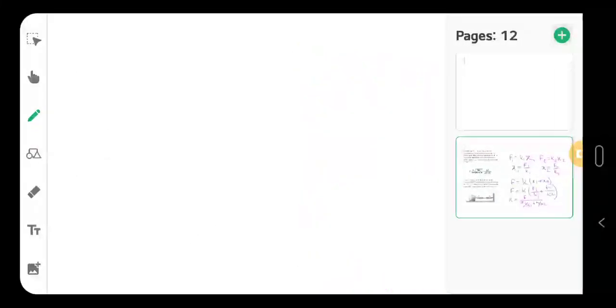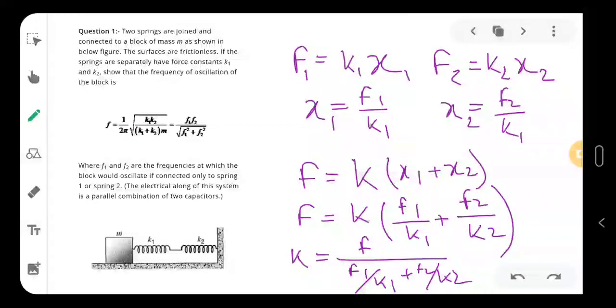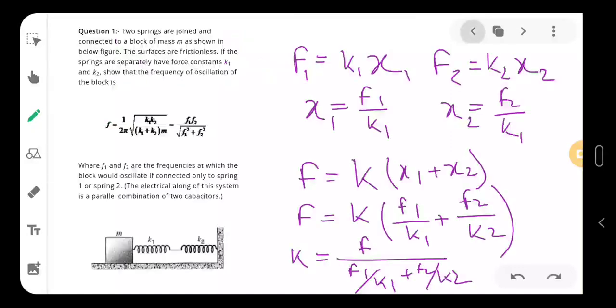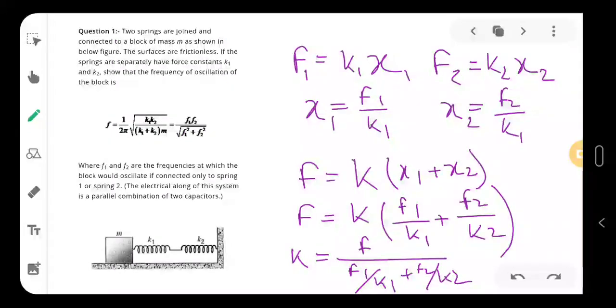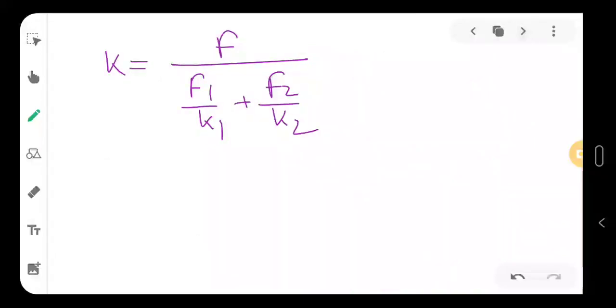So in the next line, let us write what I got here. I got K is equal to F, the total F, by F1 by K1 plus F2 by K2. That's what I got.